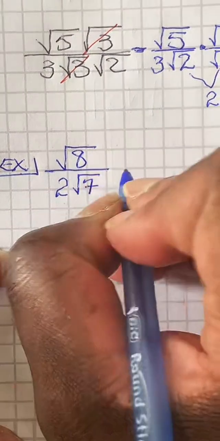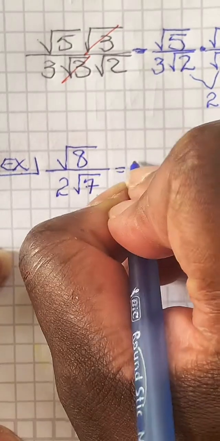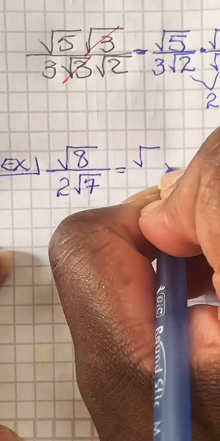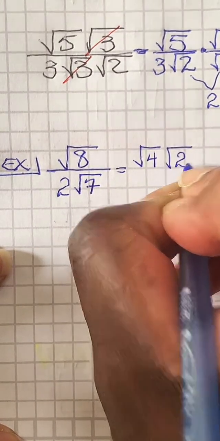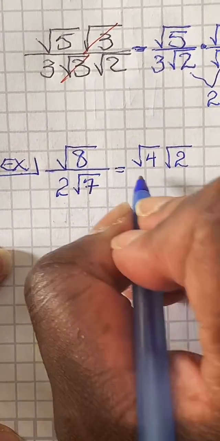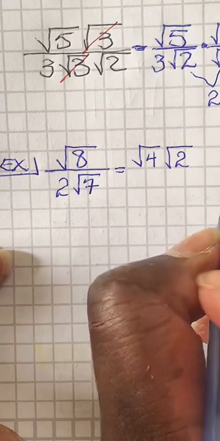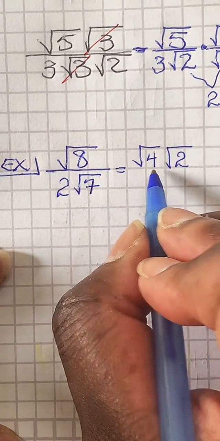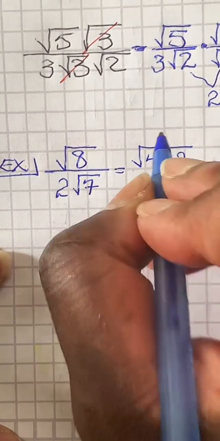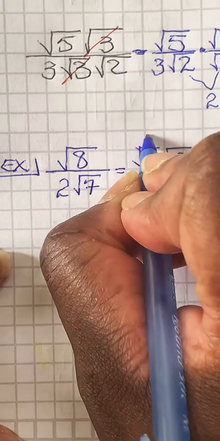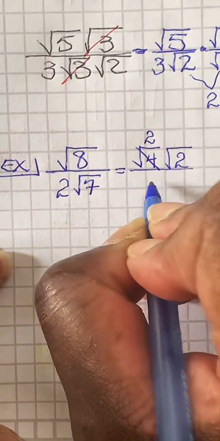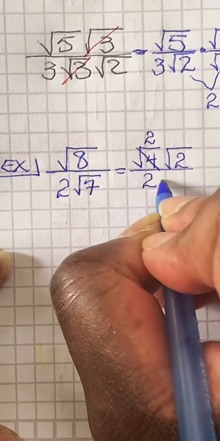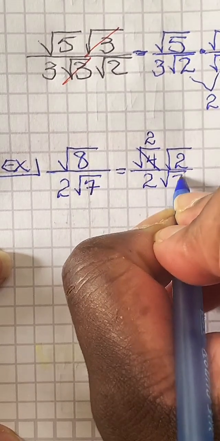Square root of 8 can be broken down into square root of 4 times square root of 2. So that'll be my perfect prime combination. Now, the square root of 4 actually gives me 2. So if I just put a 2 over here, just so I can save some space of us going back and forth, I'm going to rewrite my denominator.